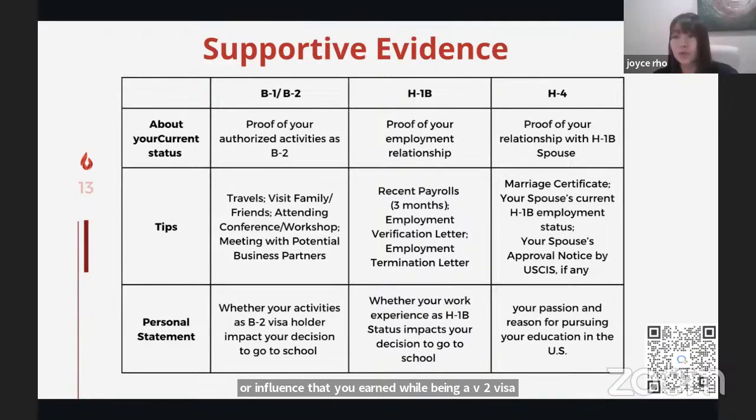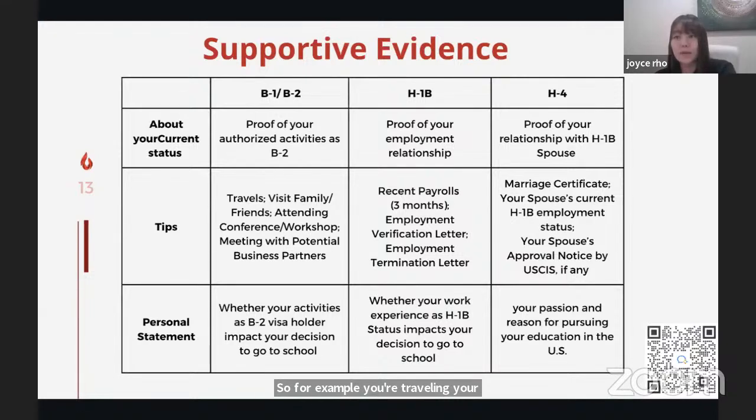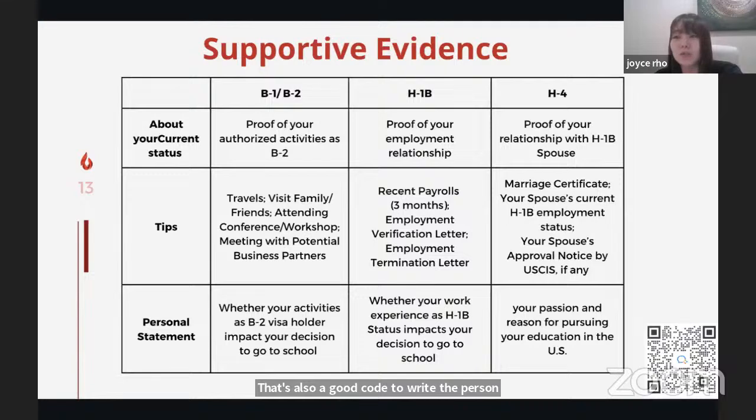For example, you're traveling, visiting many cities, and you found some school, and saw that people or friends are attending school and are very passionate about education, and that inspired you to want to go to school. That is also a good cause to write in the personal statement to apply for change of status. So think of anything that makes you go back to school while residing here as a B2 visa holder. That would be good evidence as part of the personal statement.